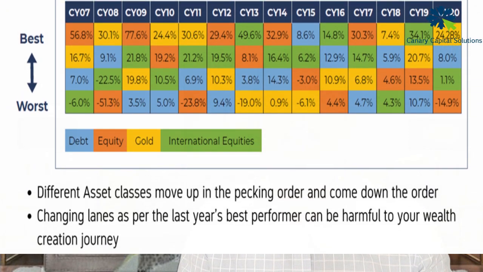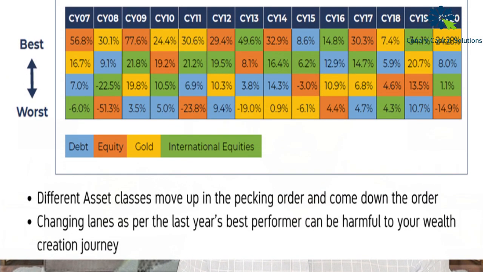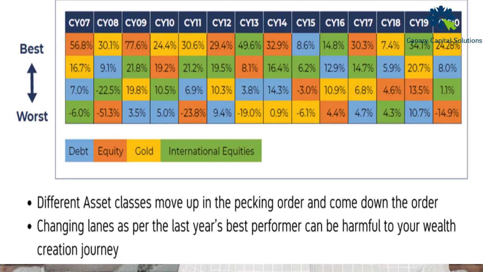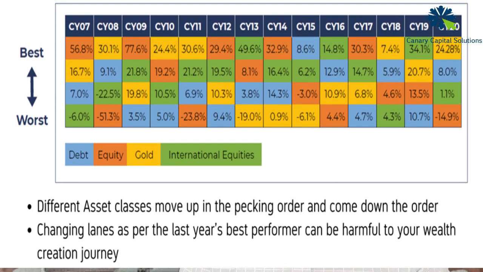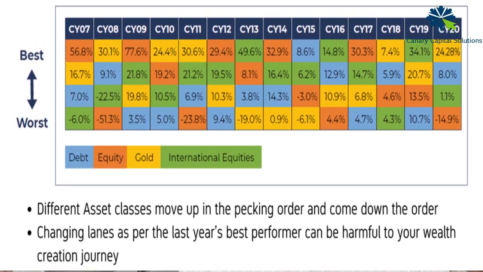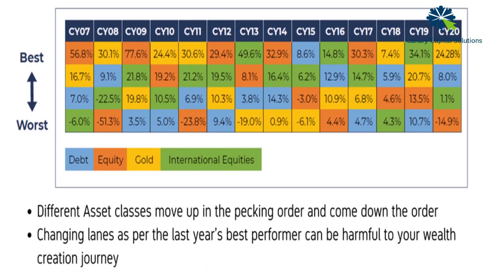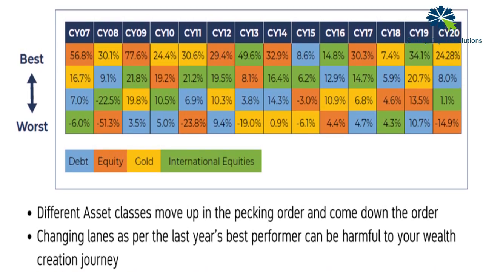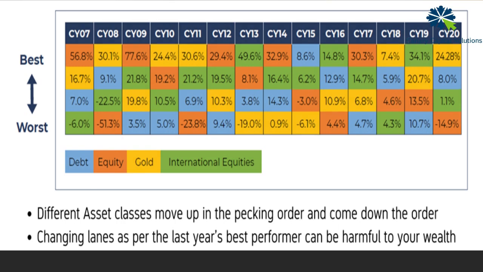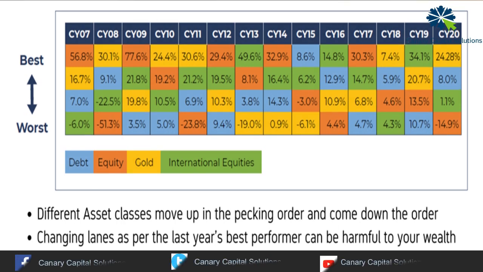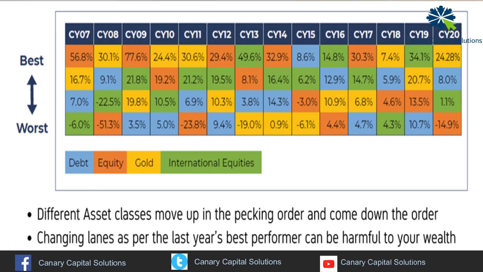If you are in the asset class at the wrong time, then definitely your overall portfolio performance is going to be bad. And if you are lucky and in the right asset class at the right time, then your portfolio returns will be very high. And we all know how lucky we are. So it is rather better to practice asset allocation so that the portfolio automatically performs.